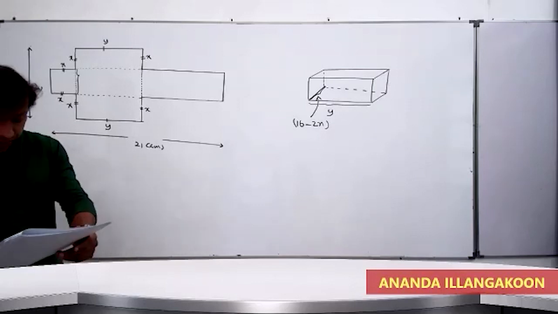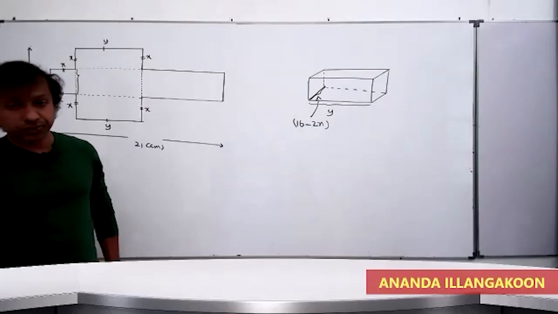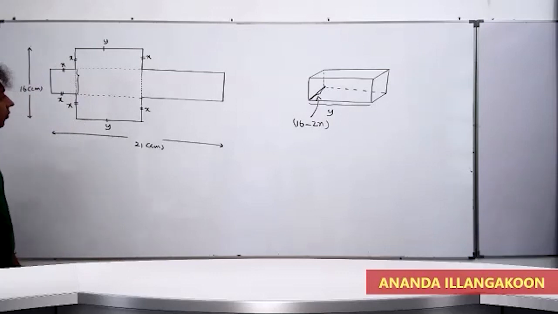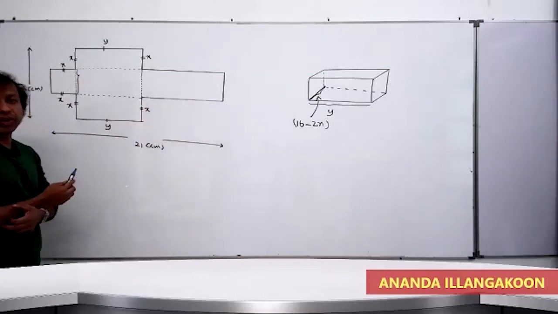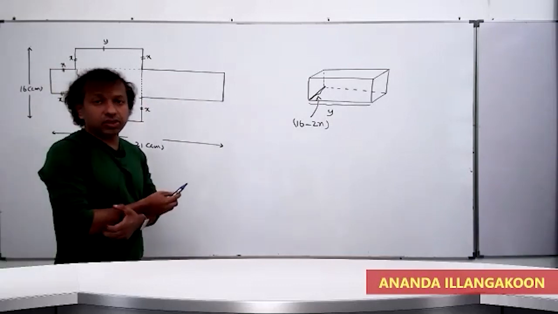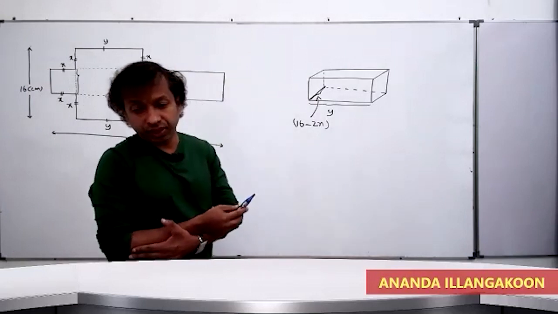Right, here you are given a closed box. So then, by this portion, what parts of the closed box are covered? Can someone tell me?